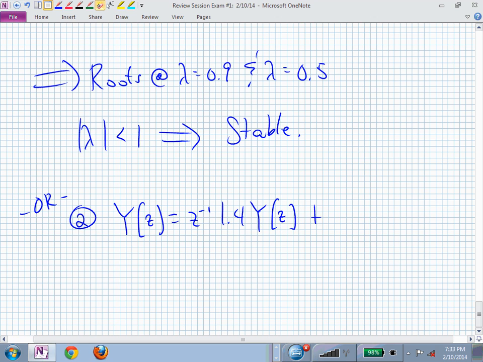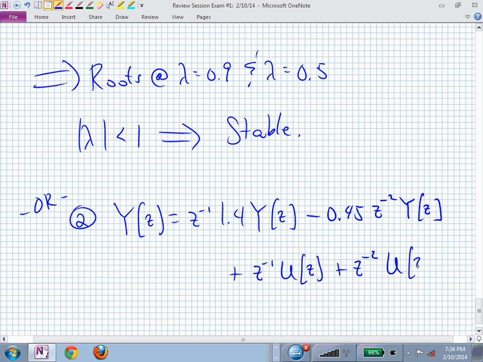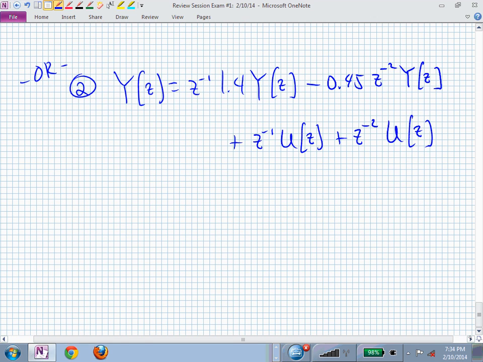Then we have 1.4 z to the minus 1 y of z minus 0.45 delayed twice plus z to the minus 1 u of z plus z to the minus 2 u of z. That's just the original difference equation, z-transformed.